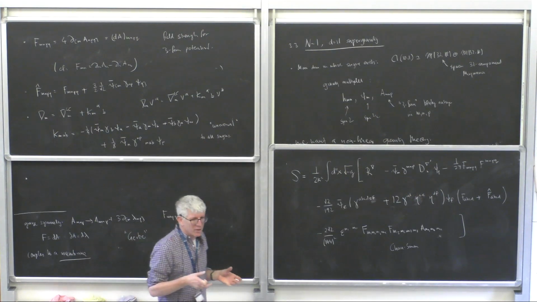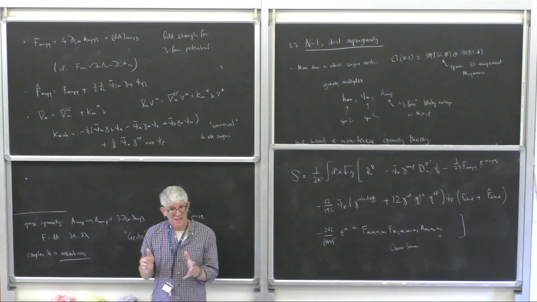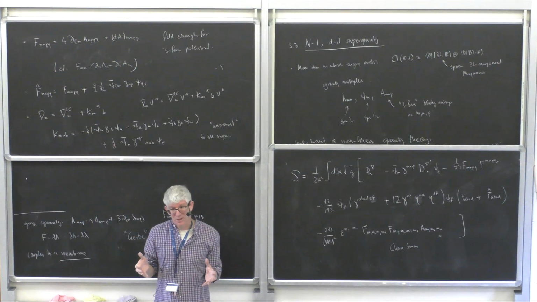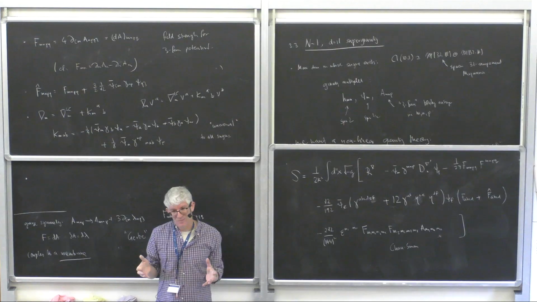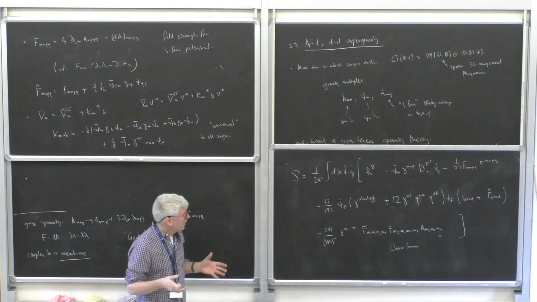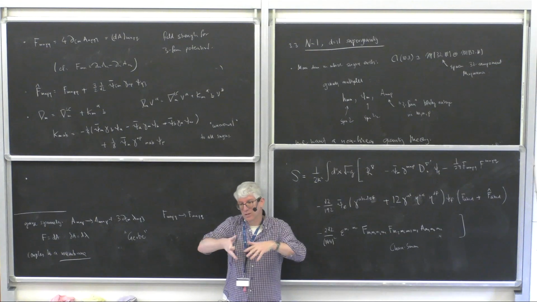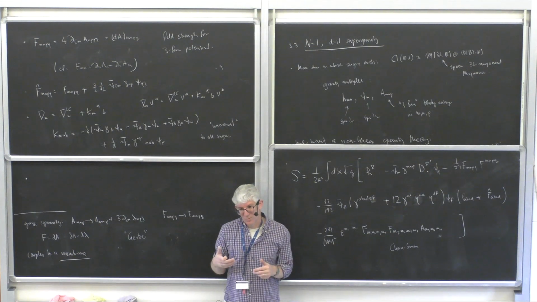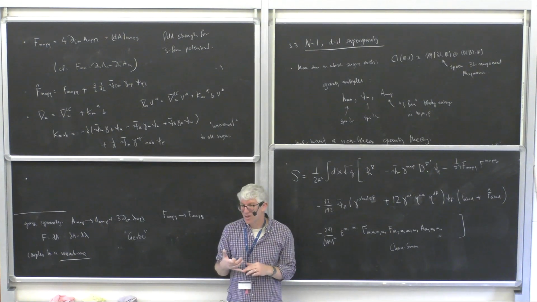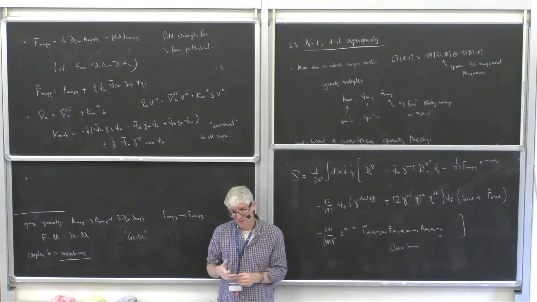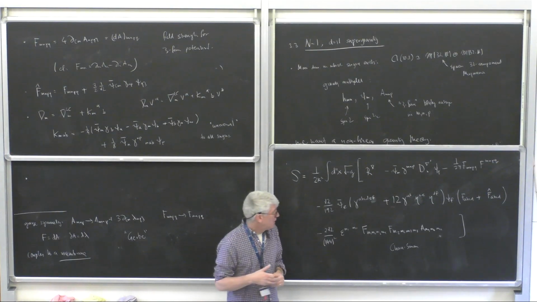If you're a string theorist, you say, well, I know that any that come from string theory will have a nice UV completion. So if I can find a string theory that in the low energy limit looks like my N equals 1, D equals 4 theory, then I can argue that, in a sense, it exists because it's a low energy theory of string theory. So that you can do.